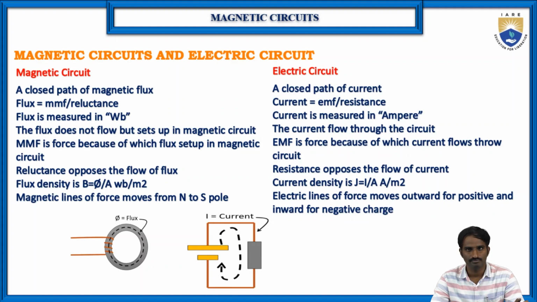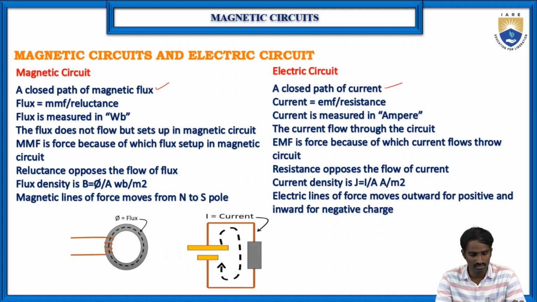First, a closed path of magnetic flux. The magnetic flux also flows in a closed path; once it starts at a point, it will close at the same point. Similarly, in the electric circuit there is a closed path of current. Here this is the magnetic flux and here it is the current.